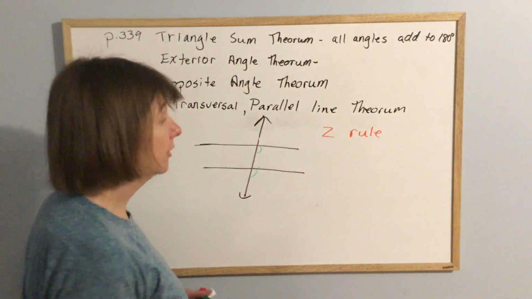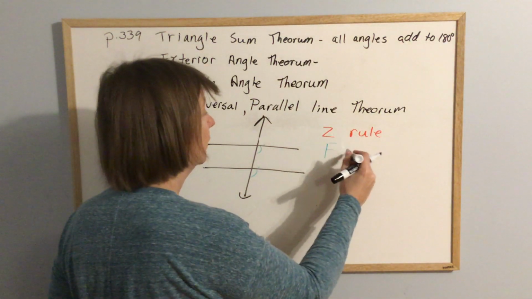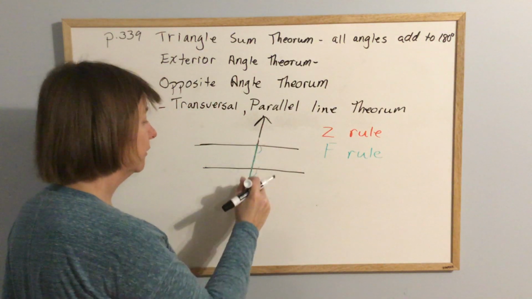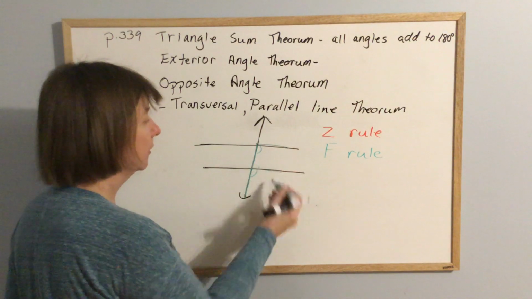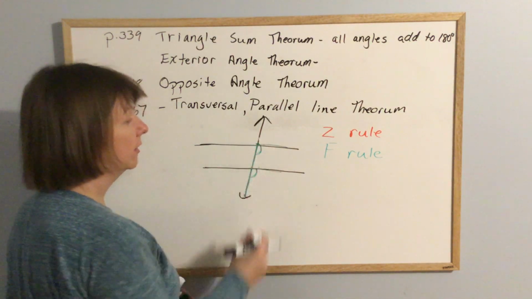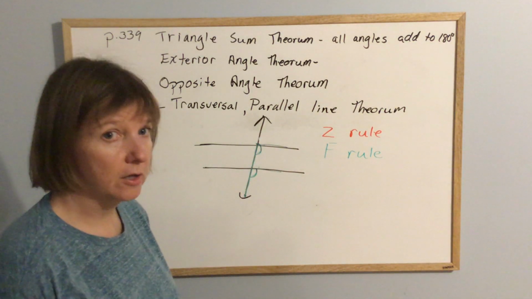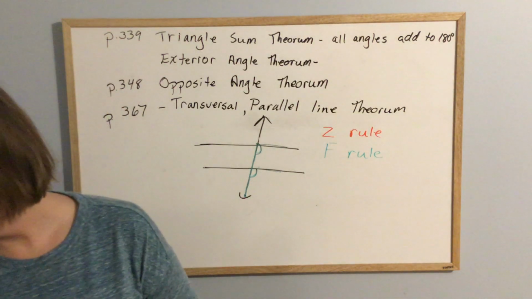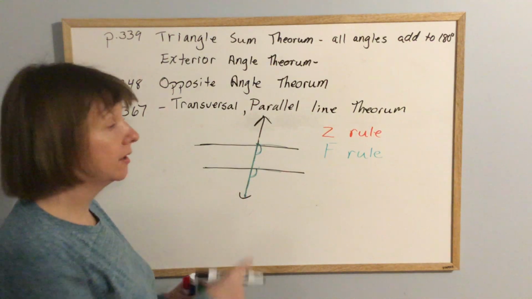The person I stole this off of called it the F rule, because if I make a letter F, the corners in the letter F are equal. It is called the corresponding angle. It's called corresponding angles are equal.